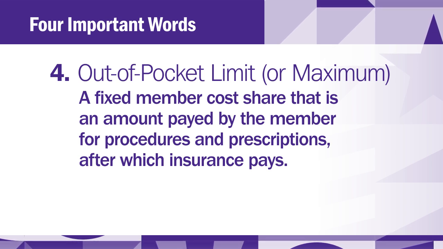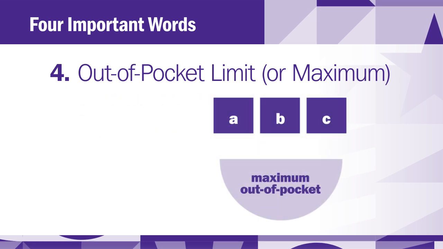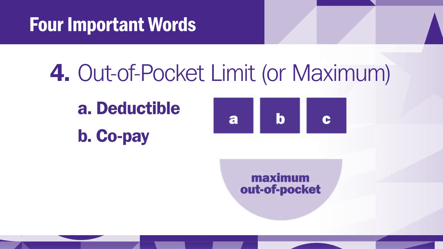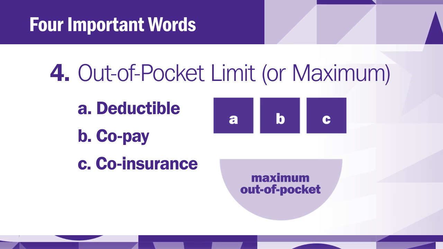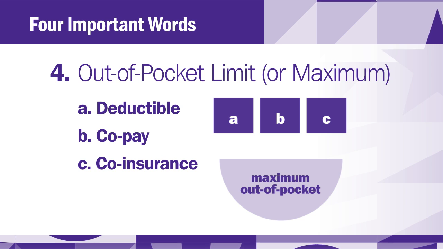The way that you get to that out-of-pocket limit is a combination of 3 things: deductible, co-pays, and co-insurance. Every time that you have a service and you're essentially reaching into your pocket to pay for something in a co-pay, a co-insurance, or in the form of a deductible, those are all going into your out-of-pocket limit or maximum.